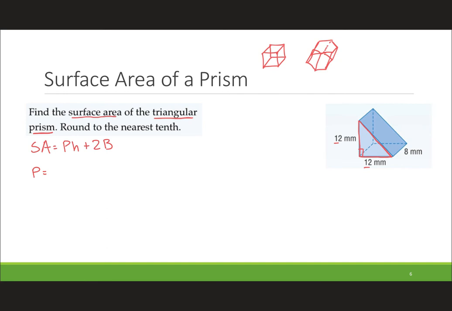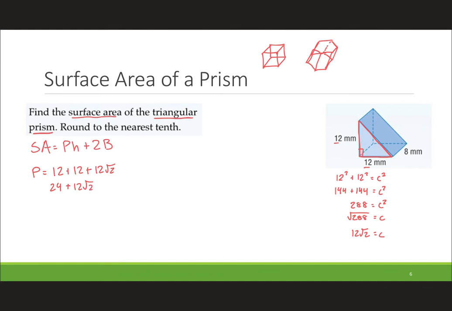So in order to find the hypotenuse, we're going to do Pythagorean theorem and figure it out. So I have 12 squared plus 12 squared is equal to c squared. And the hypotenuse comes out to 12 root 2. So our perimeter is going to be 12 plus 12 plus 12 root 2, which is 24 plus 12 root 2. Nothing wrong with that for an answer.